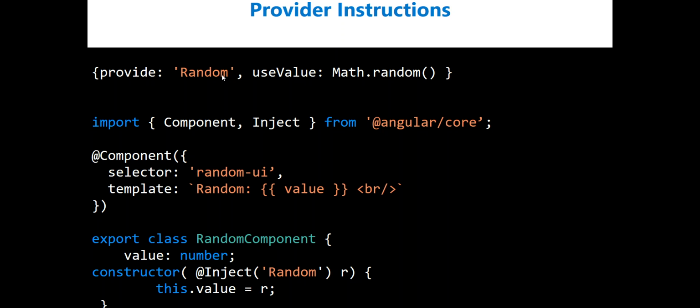At the end of the day, like I already told you, the provider is something where we are actually telling the DI these are the dependencies. Here the dependency is a property, it may be a constant. So we can either place it inside the component if you want to use it only for this particular component, or if you want to use it across all the components, then you have to place it in the module library.